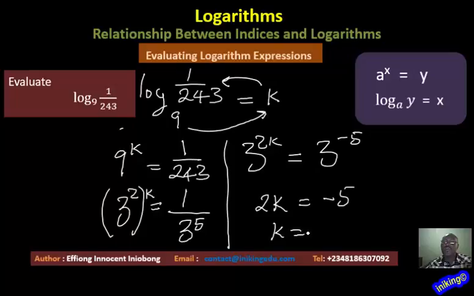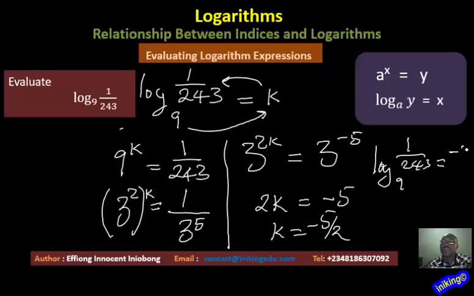Therefore, k is equal to minus 5 over 2. Hence, the logarithm of 1 all over 243 to base 9 is equal to minus 5 over 2. Meaning that 9 raised to the power of minus 5 over 2 will give us 1 all over 243. You can try that out to see if it is true.